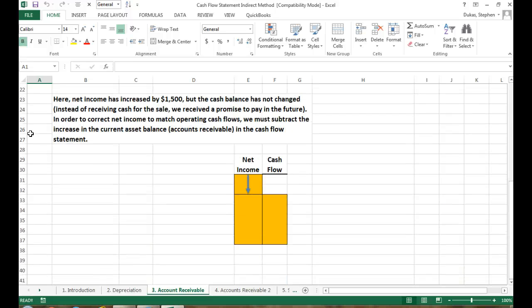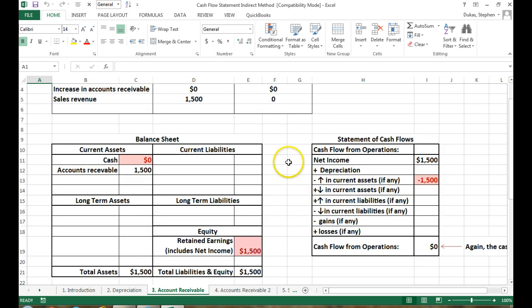Let's look at the diagram again. Here net income is too high relative to cash flow. Therefore, by subtracting out the increase in accounts receivable, we turn net income back into net cash flow. In this case, on the balance sheet, assets and liabilities and equity have gone up by $1,500.